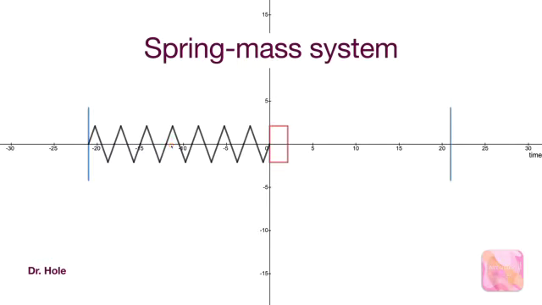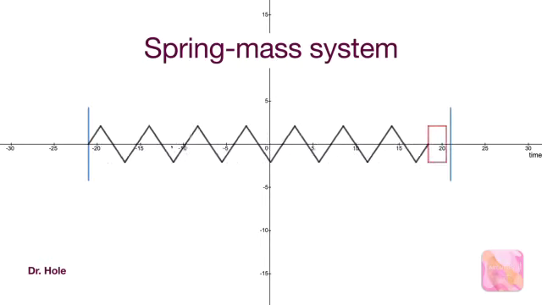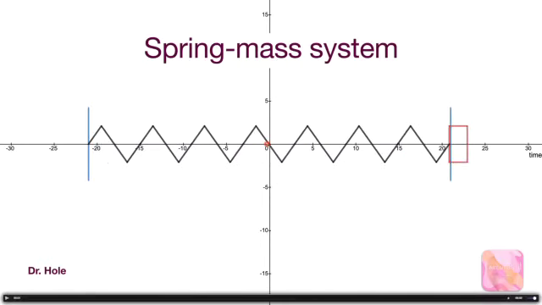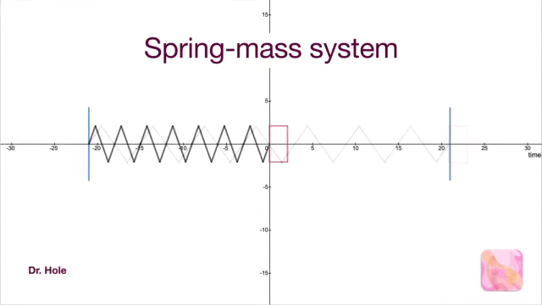This notion plays out as we move to the right as well. In the beginning it's easy to move the mass to the right, but the spring being stretched wants to compress and return the mass in the opposite direction.